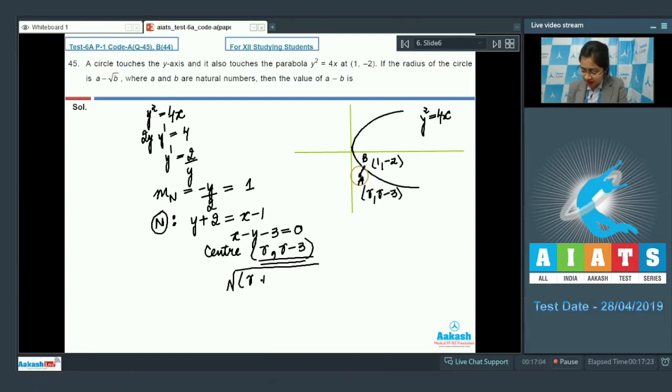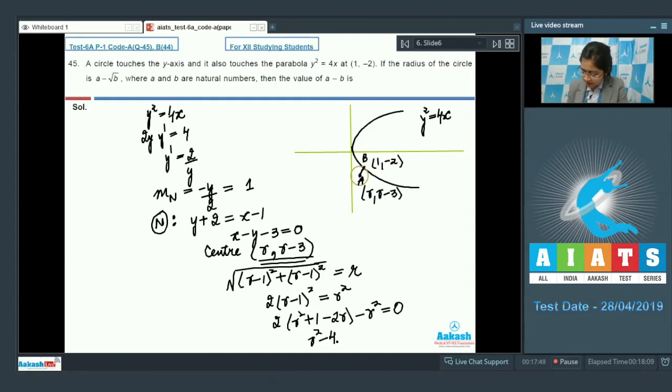We can say that (r minus 1) whole square plus (r minus 1) whole square is equal to r square. That is, 2 times (r minus 1) whole square is equal to r square. Solving this further, we get r square plus 1 minus 2r minus r square equal to 0, that is, r square minus 4r plus 2 equal to 0.